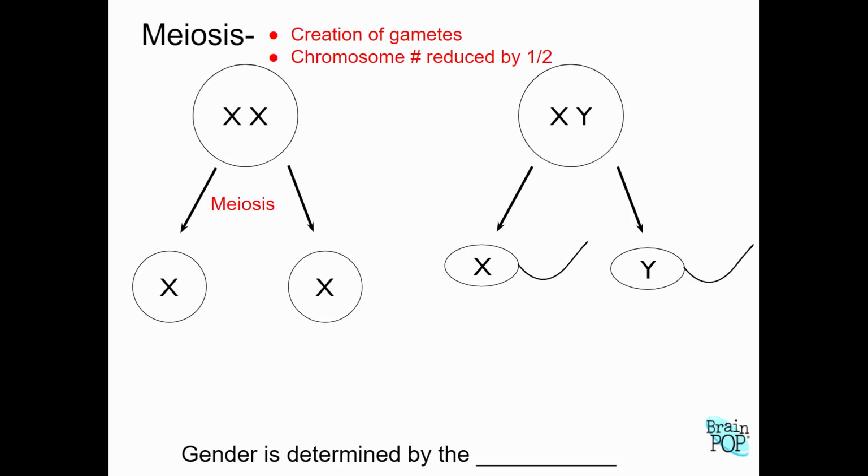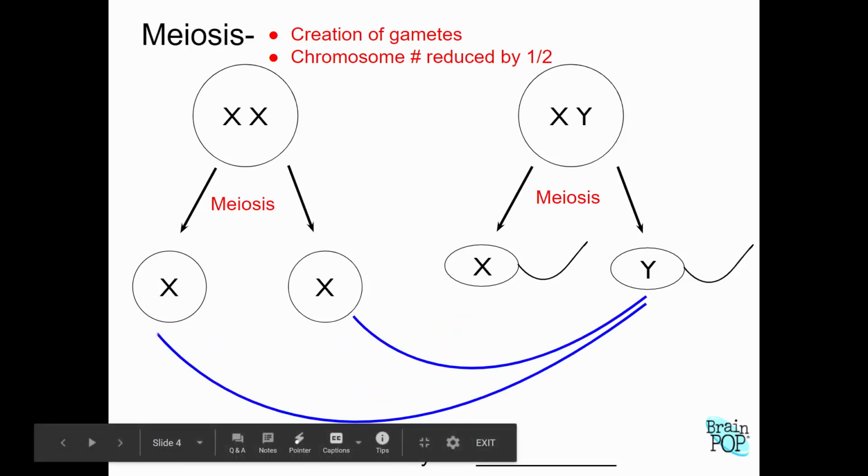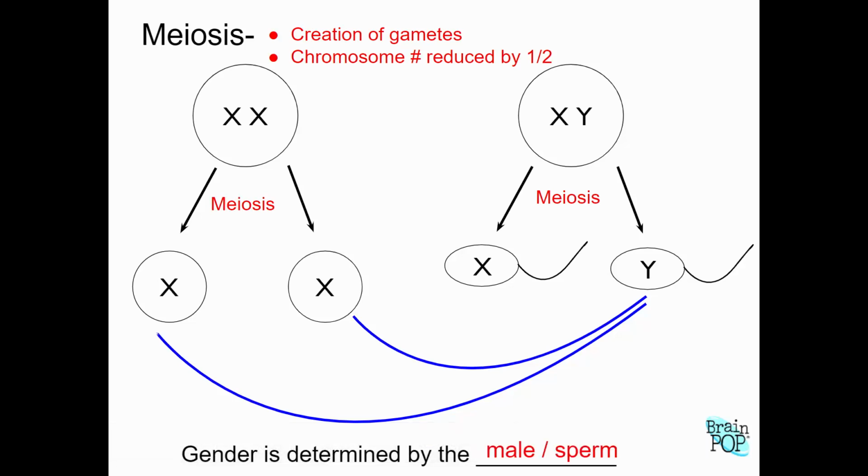Some have an X sex chromosome, and some have a Y chromosome. Half and half. So if this sperm cell fertilizes this egg cell, it'll be a girl. How about this one? Also a girl. What if this sperm cell fertilizes it? Boy. So it is actually the male sex cell, the sperm cell, the father, that actually determines the sex of the offspring. About half of all sperm cells produced by a man are X sperm, and about half are Y sperm.